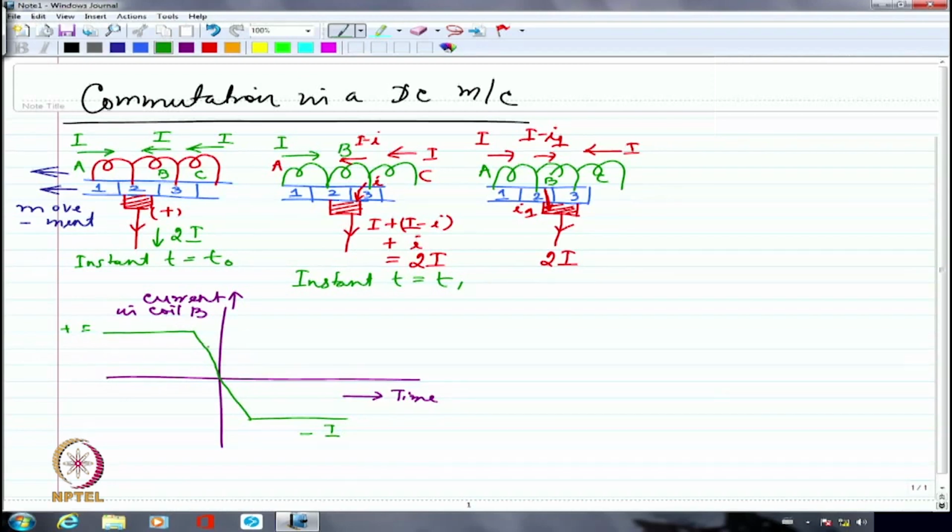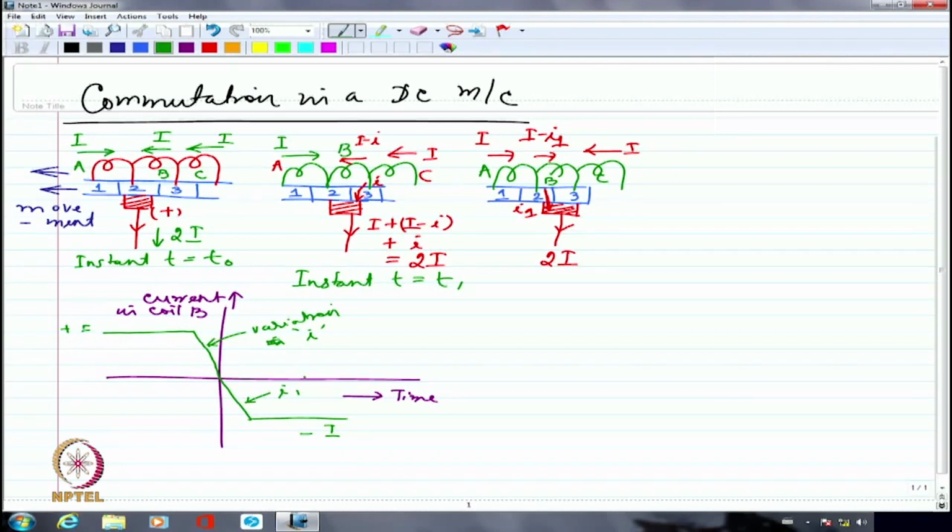If I call this plus I and this minus I, here is the variation in coil B current. Initially it was I, then it went to I1. That's why I1 looks like it is in the opposite direction. I'm talking about the complete slope changing from plus I to 0.